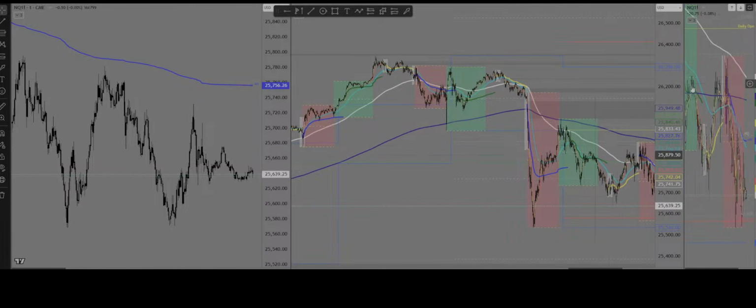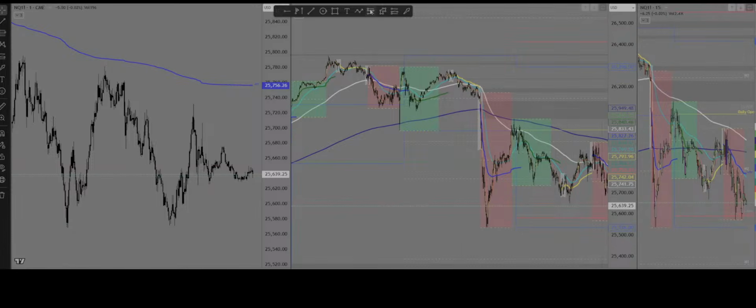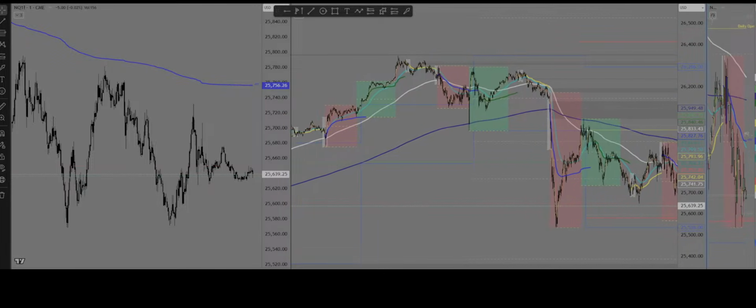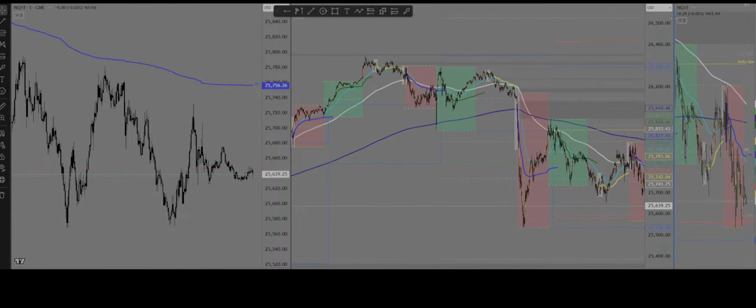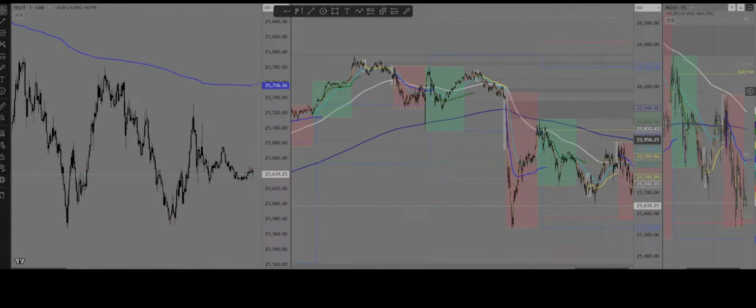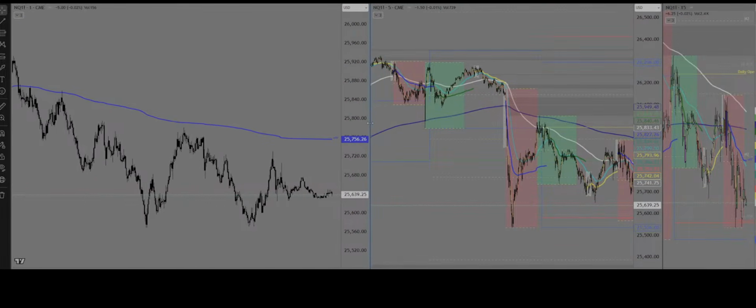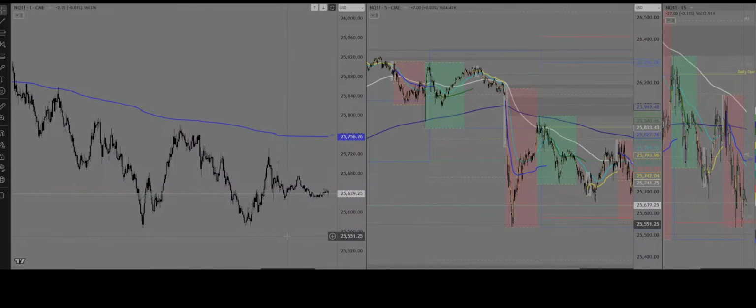I'm actually gonna keep the 15-minute on the right-hand side while I do this. How skinny can I make it before it goes away? There. Okay, so the 15-minute is on the right. I have the 5 here in the middle, and I'm going to keep the 1 minute here on the left. I'm not going to use the 15-second. I figure 1 minute should be low enough for this.